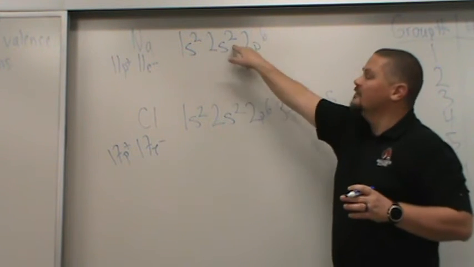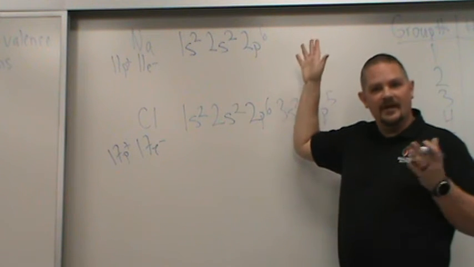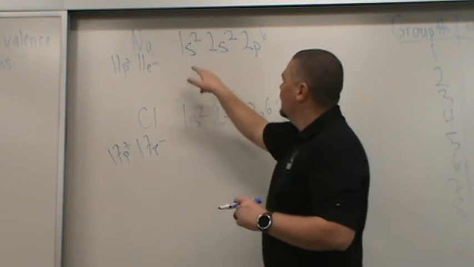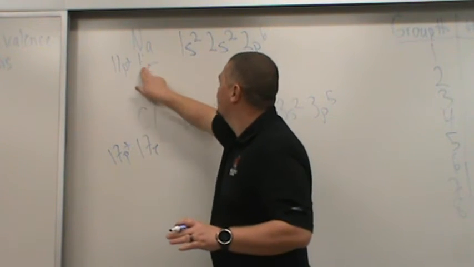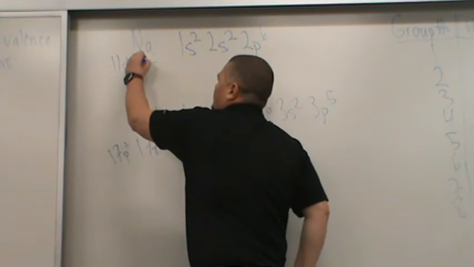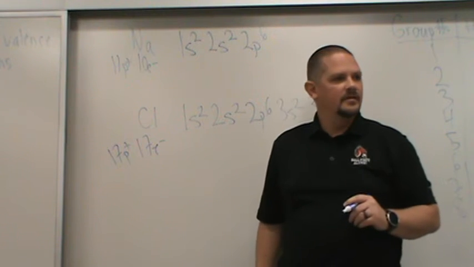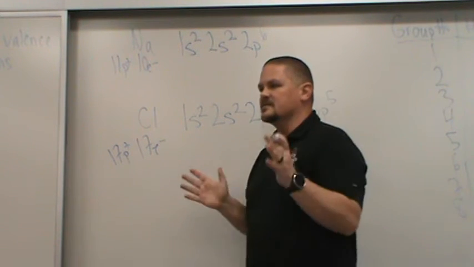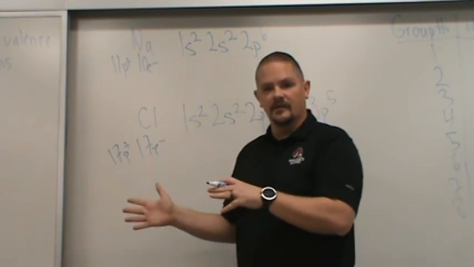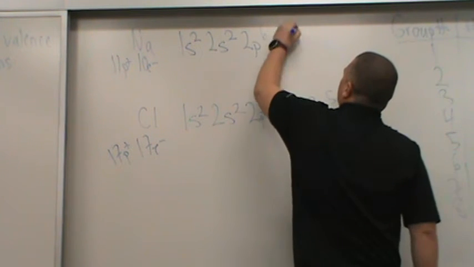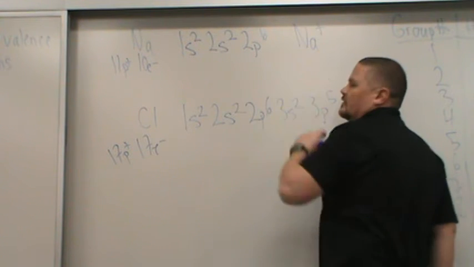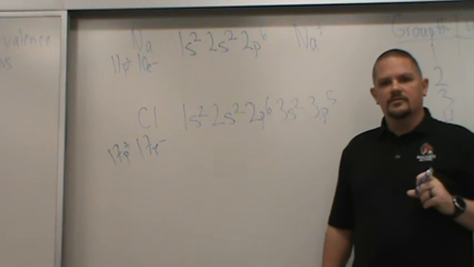How many electrons do we have in the second energy level? 8. Okay? So now, sodium will always have 11 protons, but now it has 10 electrons. So we have an offset of protons and electrons. We have 1 more proton than an electron. Agree? So as an ion, sodium would have a +1 charge.